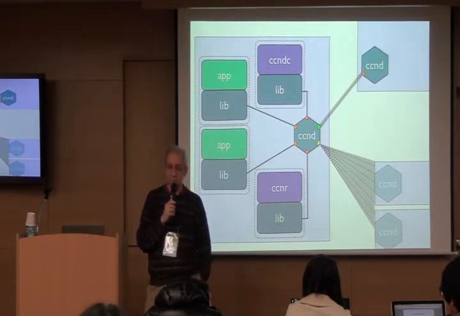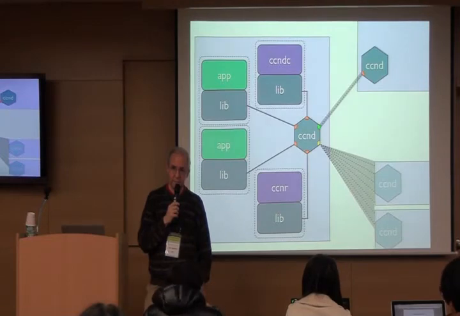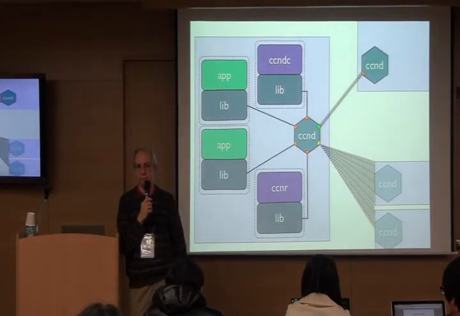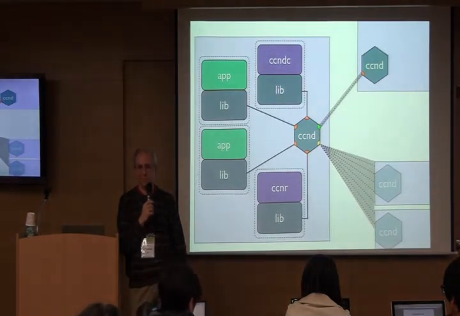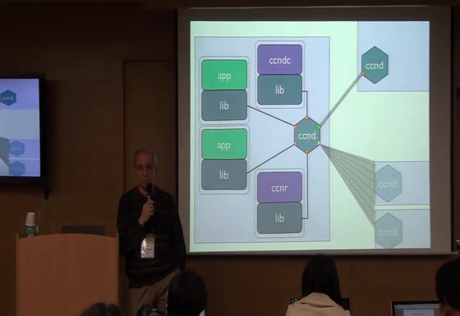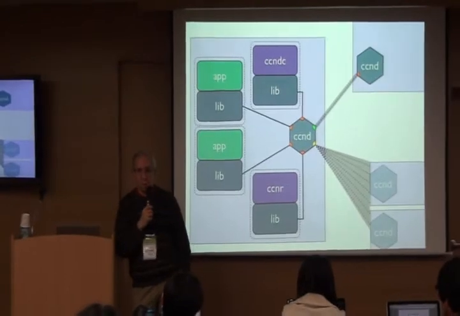But in the CCND, it just knows one short prefix. But maybe CCNR does not have all the chunks. And another question is, can the application tell the CCNR how long this chunk can be stored in the CCNR, and the CCNR can be responsible for the data? And maybe, yeah.